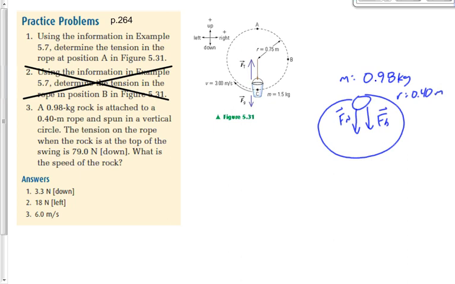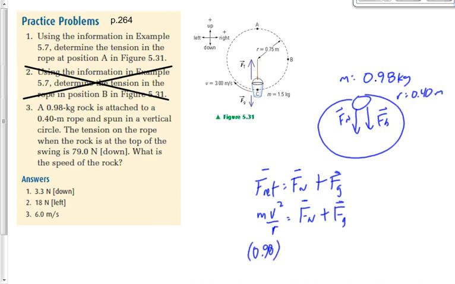So let's say Fnet is equal to Fn plus Fg. The net force, not the normal force, which is mv squared over r, equals Fn plus Fg. Okay, we know what m is, 0.98 kilograms. V, we're trying to solve for V. R is 0.40 meters.